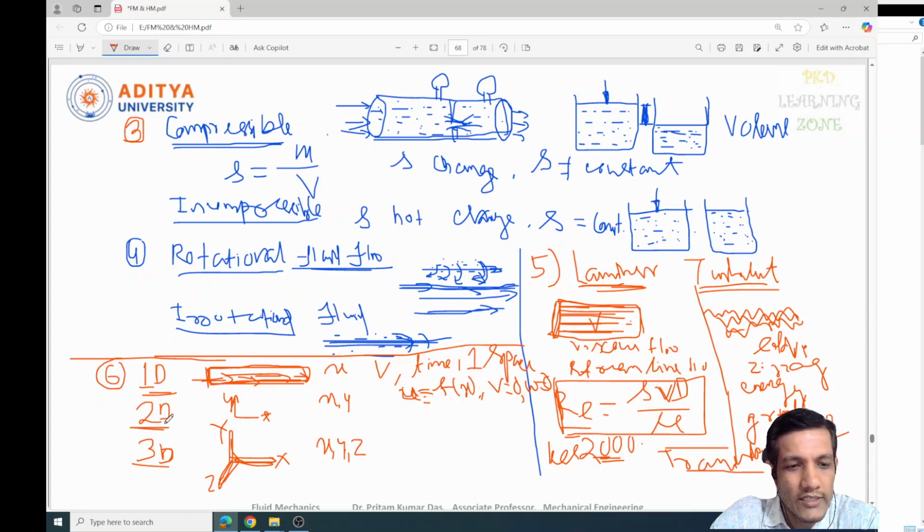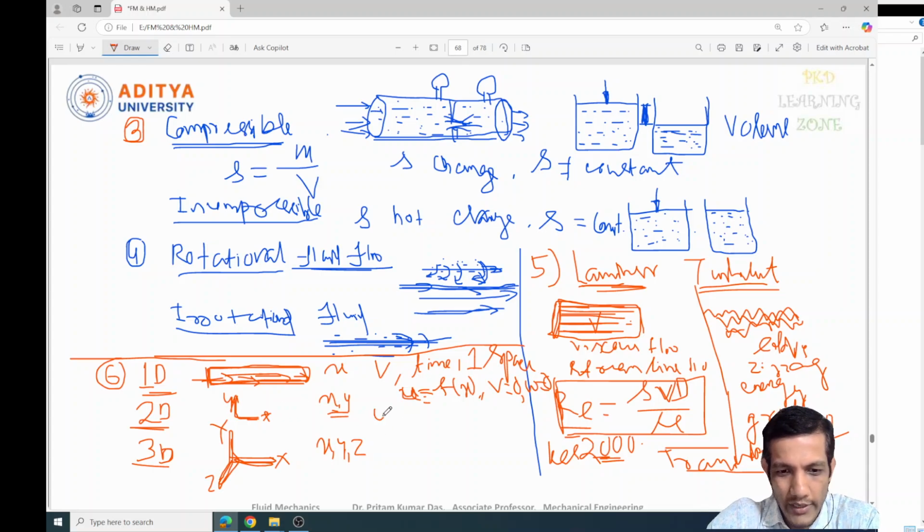Similarly, if you consider the two-dimensional, you can say the velocity is a function of time, and it is a rectangular space, as I have drawn here. In this space, in the x and y direction, the velocity is a function of two coordinates, x and y. And the variation of fluid flow in the third direction is negligible or not there exactly.